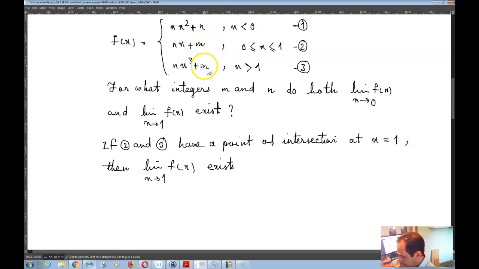So what that means is that 2 gives me at x is equal to 1, n times 1 plus m, which is going to be equal to some y.